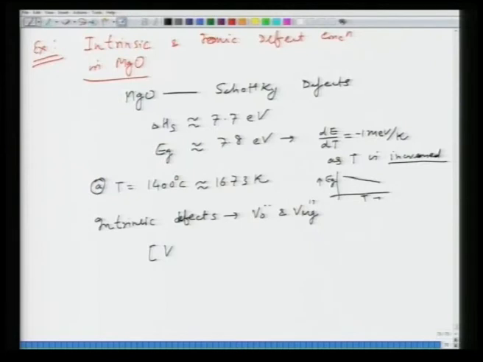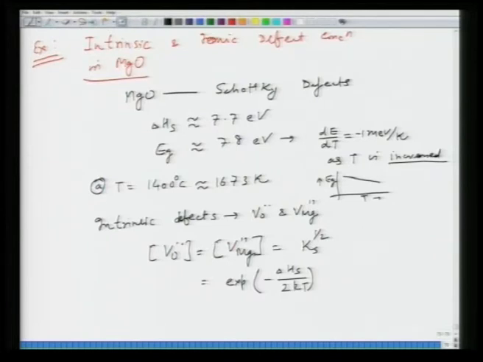So, concentration of VO is equal to concentration of Vmg, and this is equal to nothing but your Ks, the Schottky defect reaction to the power half. This is equal to exponential of minus delta Hs by 2kT, since we are taking it in mole fraction.